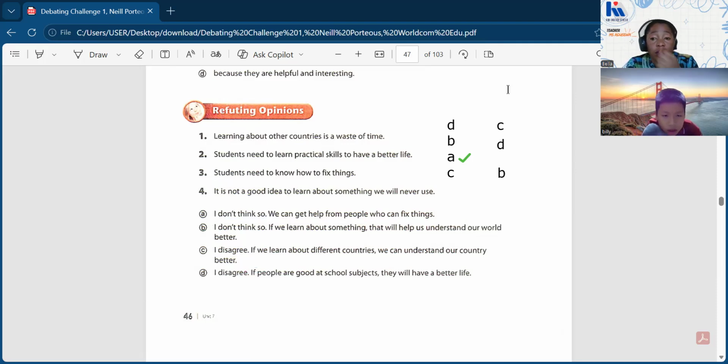Students need practical skills to have a better life.